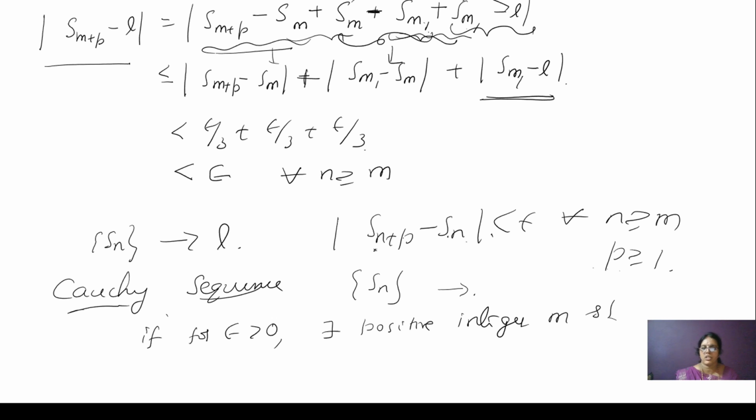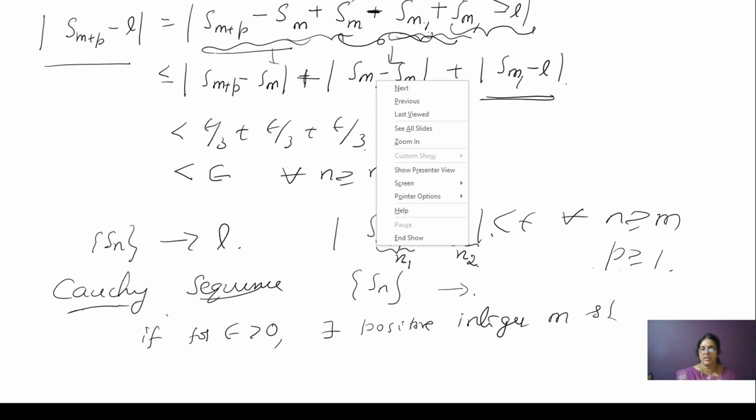So this condition can also be written like this. These are two integers in such a way that this is greater than this. So in place of this, you can take any integer n1, and here another one, n2. The only thing is n1 is greater than or equal to n2 because n plus p is greater than n.